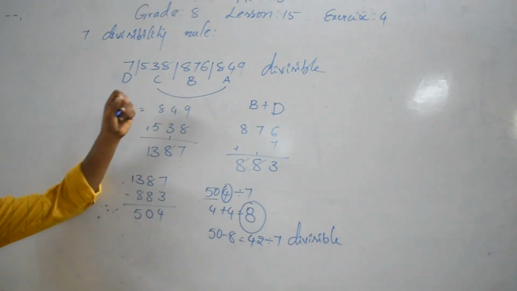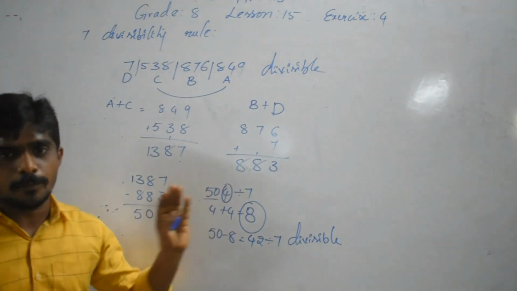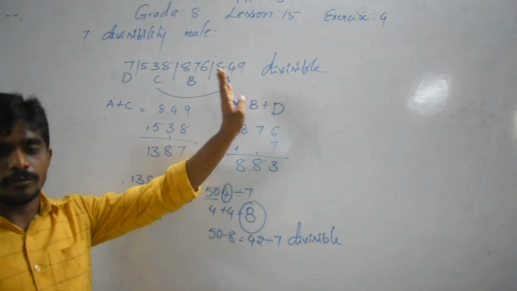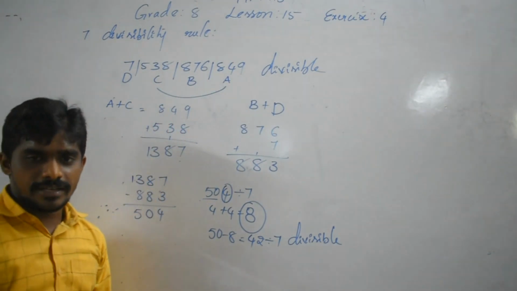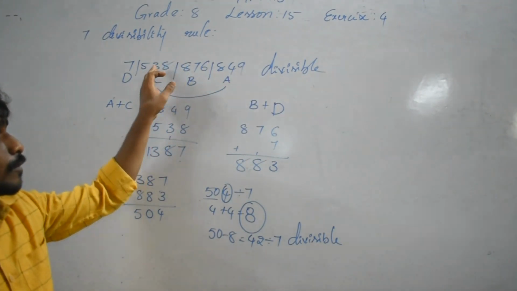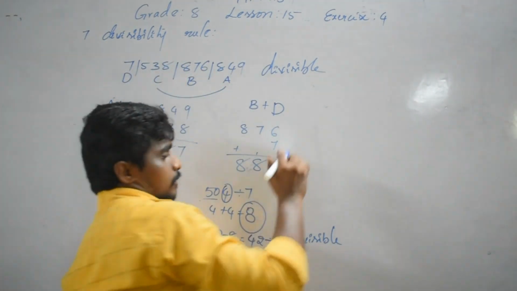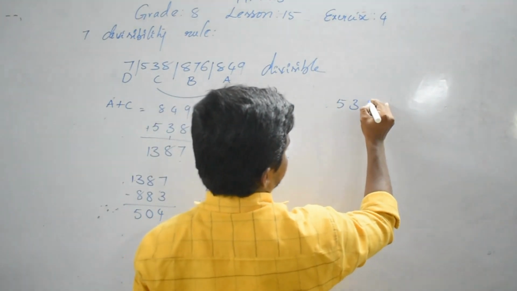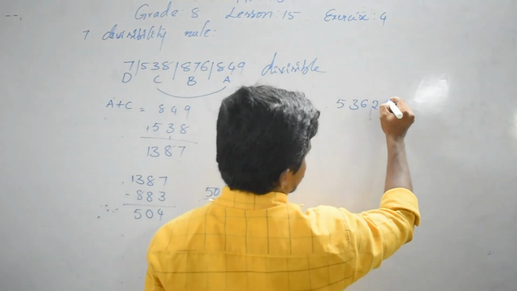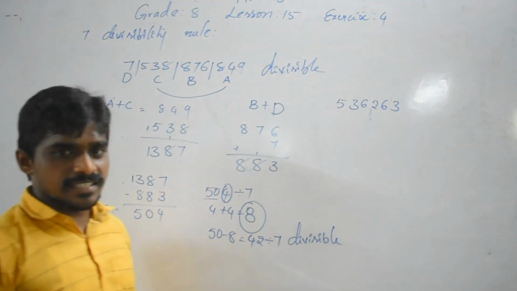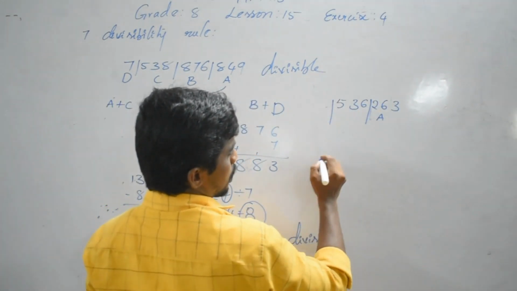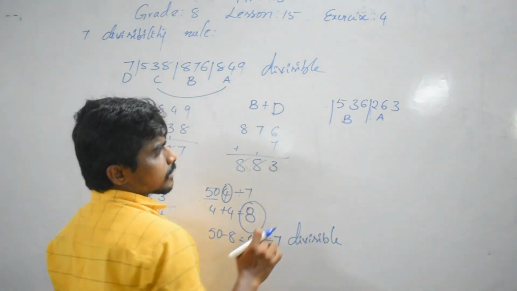When a large number is given, we use this process. Each 3 digits, from right to left, you create a group. So total here, this is one group, one group, one group, one group. For example, here 6 digits are given: groups A and B. So here there are only 2 groups.